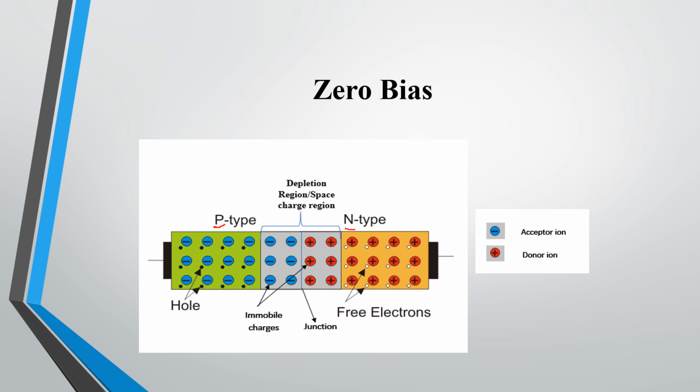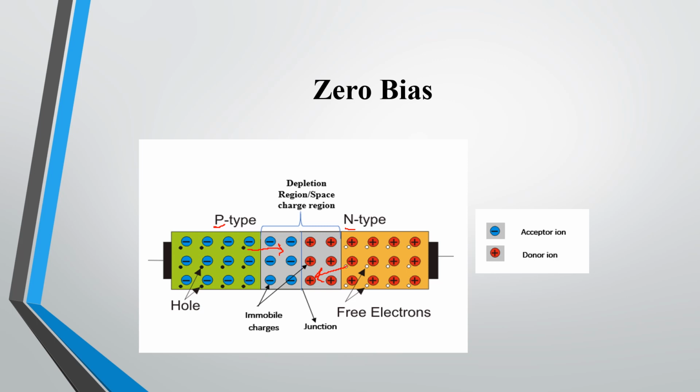They are sandwiched to form a junction. So here a concentration gradient occurs, that is, a difference in the concentration of charge carriers takes place. So diffusion takes place due to the concentration gradient. So diffusion of holes will take place from p side to n side, and diffusion of electrons will take place from n side to p side.